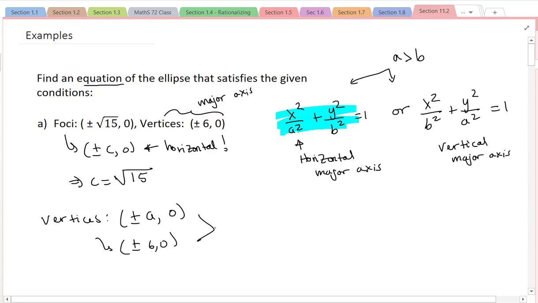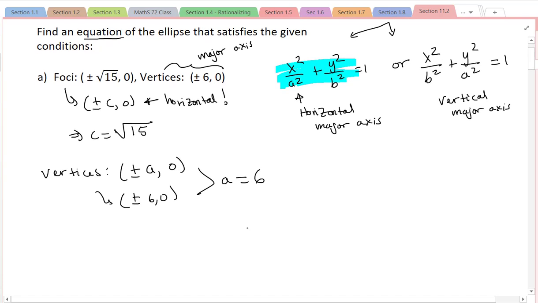So from here I can deduce that a must be 6. So far I know that x squared over 36 plus y squared over b squared is equal to 1.